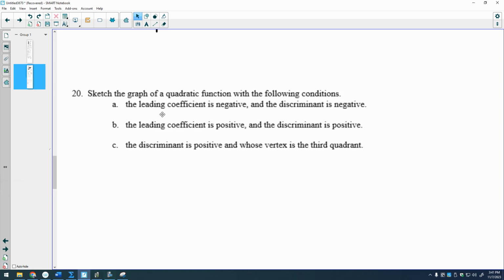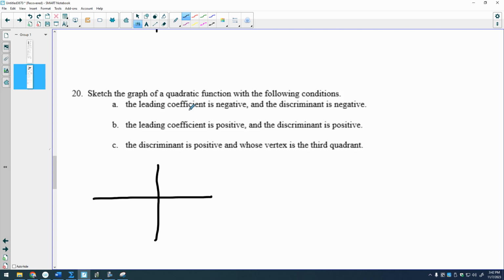So if we're looking at this here, the question says sketch the graph of a quadratic function where the leading coefficient is negative. Think about what that means. A negative discriminant means my graph will never cross the x-axis. Negative leading coefficient means my graph is upside down.